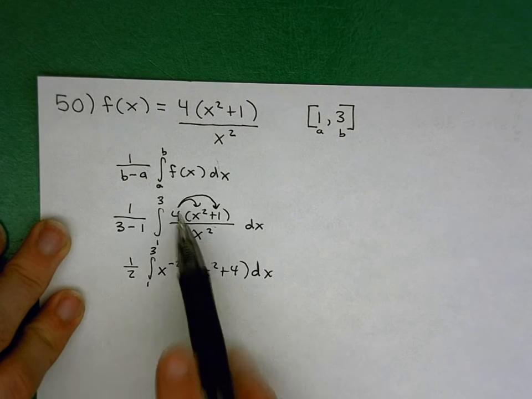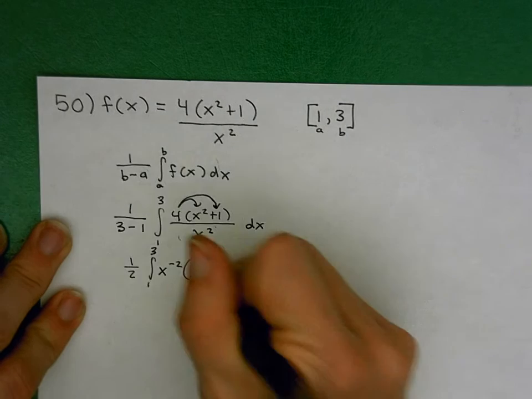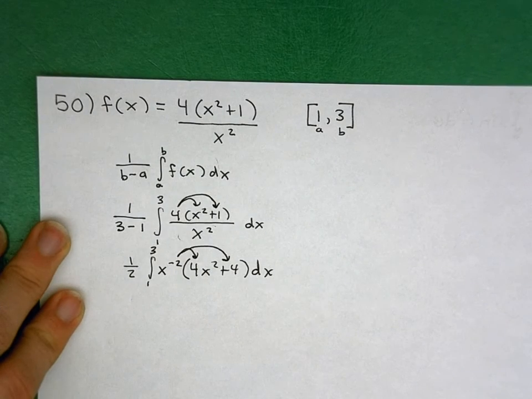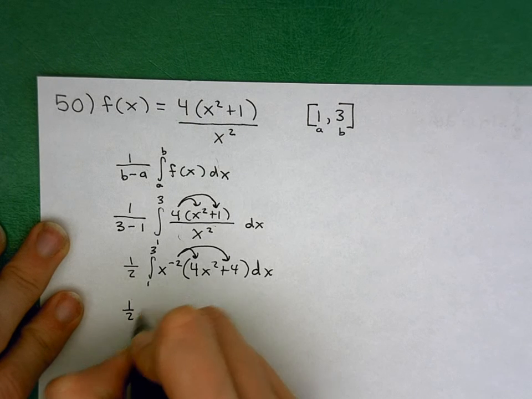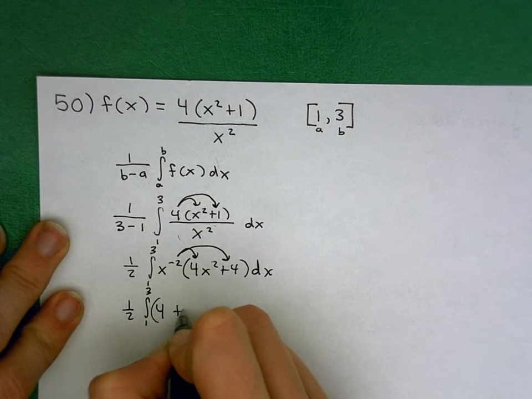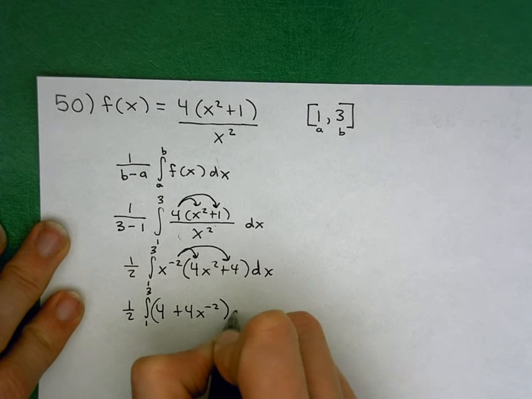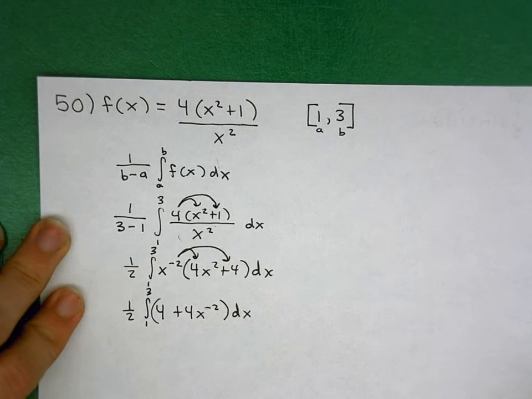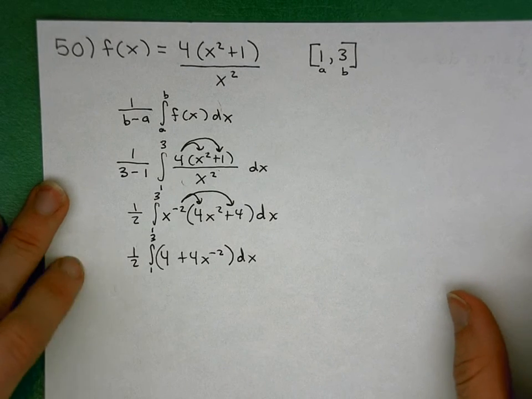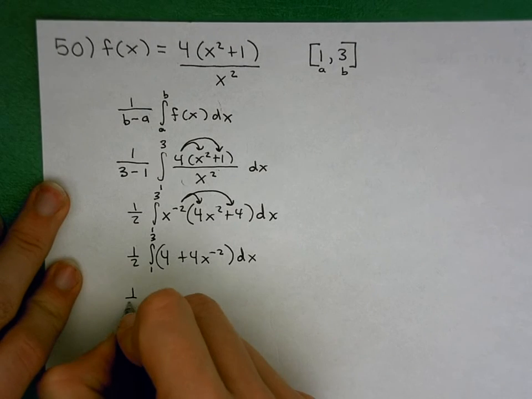I rewrote this x squared as x to the negative 2. So now I'm going to distribute in that x to the negative 2. At this point, we are in power rule form, so we can go ahead and take that antiderivative.